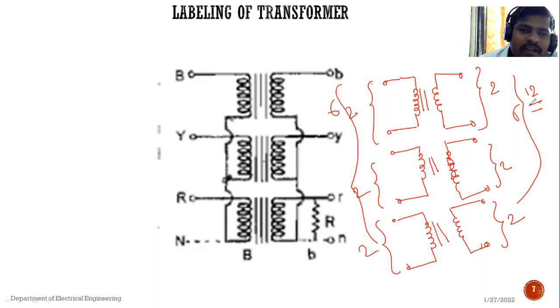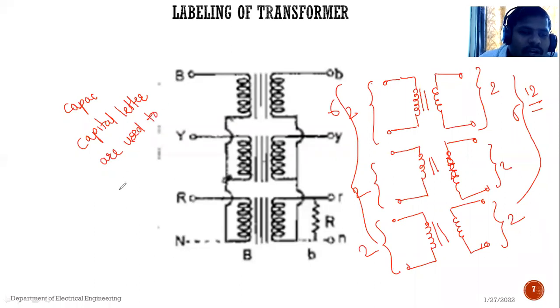Okay, see, for that the capital letters are used to represent the primary side. All of you keep in mind, capital letters are used to represent the primary winding terminal.